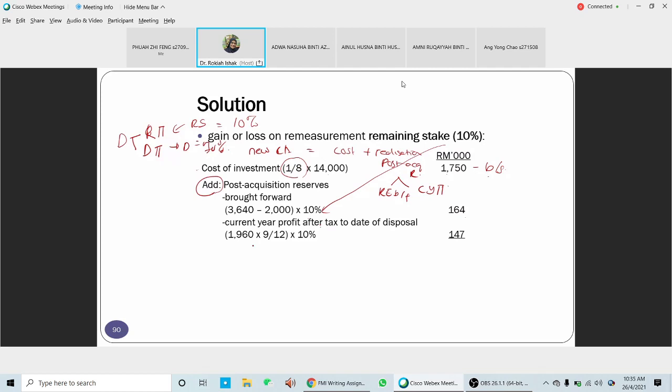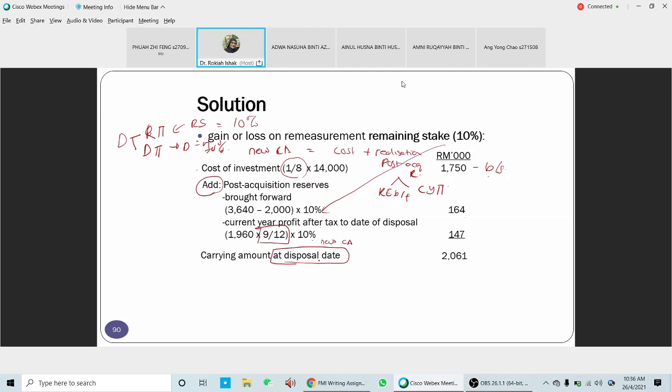Current year profit, up to the date of disposal, 9 months only, times 10%. So you have 147. We're going to have 2064 altogether. This 2064 is your new CA, or the CA at the disposal date.